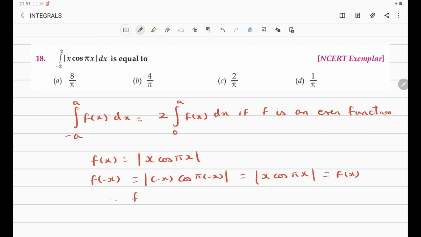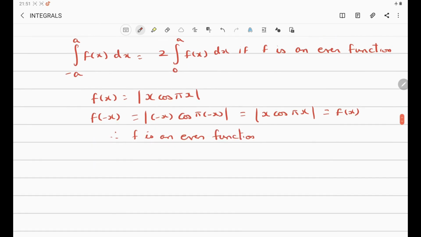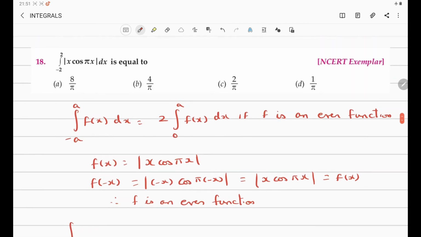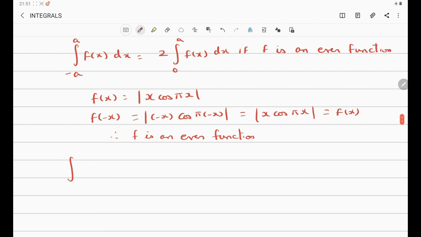Therefore f is an even function. So we can write the integral minus 2 to 2 modulus of x cos pi x dx as 2 times the integral 0 to 2 modulus of x cos pi x dx.